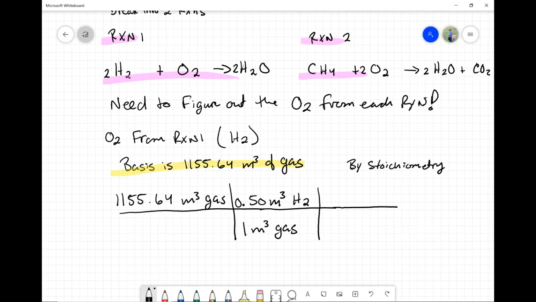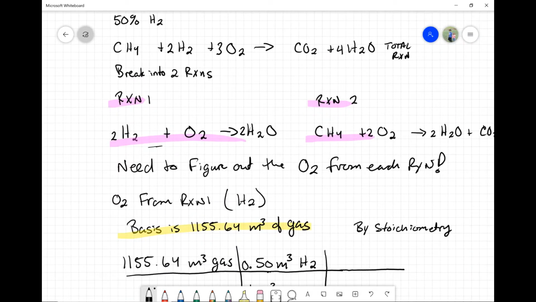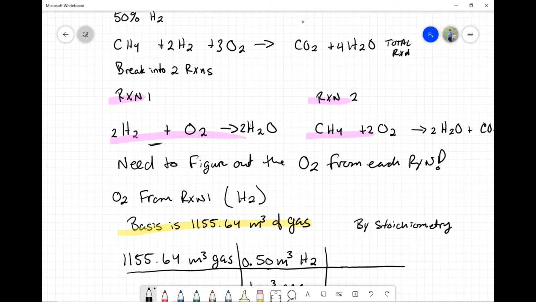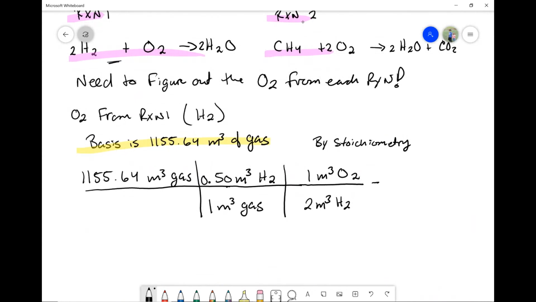By stoichiometry, from this reaction here, we have 2 cubic meters of H2 for 1 cubic meter of O2. And so that equals, let me work it out.